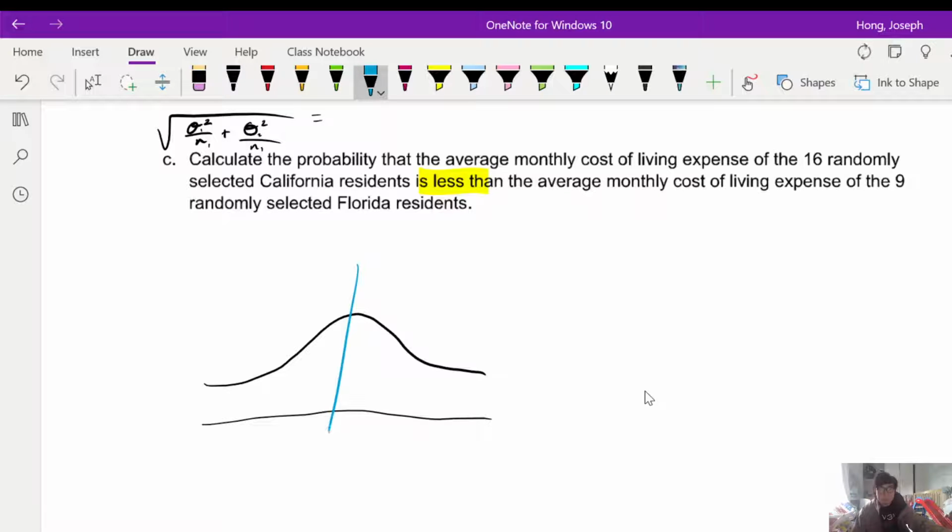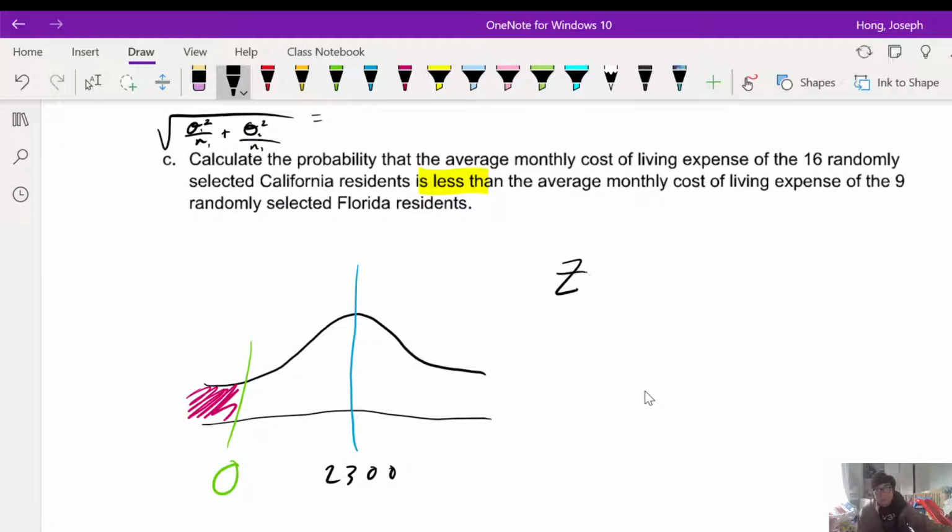And if this is my mean that you are going to find here, I'll tell you, this is going to be 2,300. This is pretty easy. They're asking us for my x bar to be 0. But they're asking me, like, what happens if it's less than? So I need to be finding the area to the left of my sample.